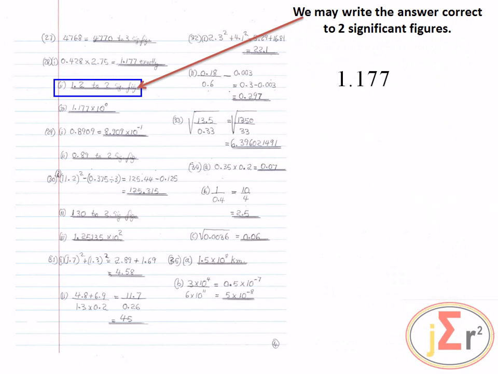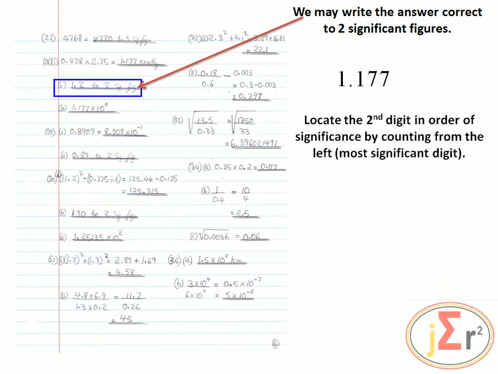We may write the answer correct to 2 significant figures. We will begin doing that by locating the second digit in order of significance by counting from the left, where we will find the most significant digit. Whenever we are writing a number correct to a particular number of significant figures, we start counting from the left.